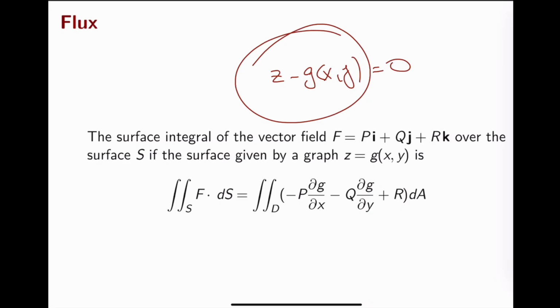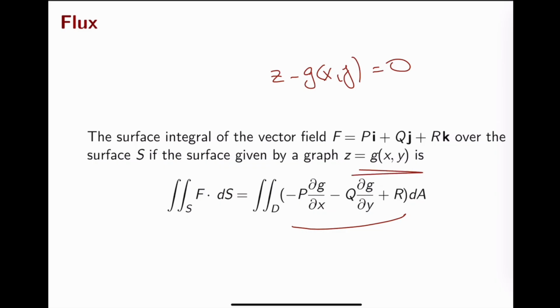Derivative with respect to y is going to be minus derivative of g with respect to y. And derivative with respect to z is going to be just 1. And so multiplying that by the components of the vector field, I mean the dot product, we're going to get that the expression of the surface integral is actually like that when we have the surface given as a graph of a function like this.